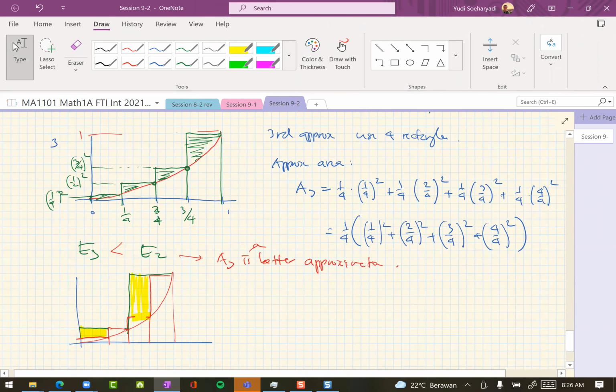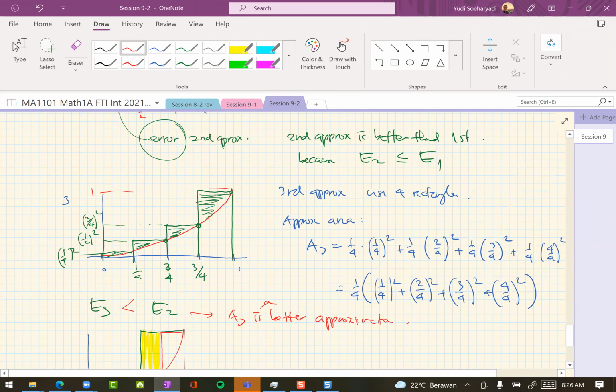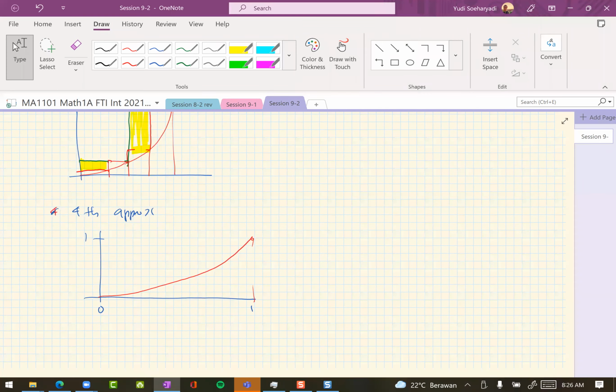Then you keep dividing the previous rectangles into two. Okay, so let's divide this up. Okay. So then what you have is this one here.